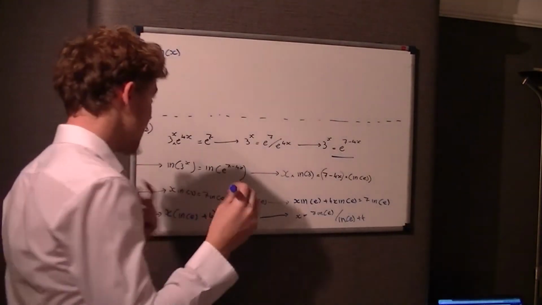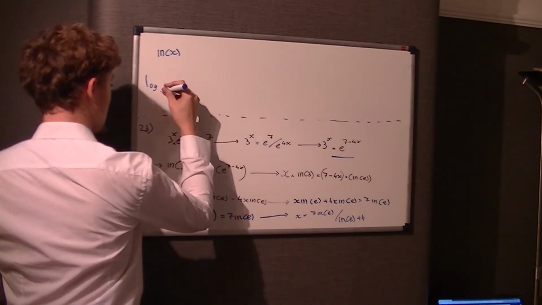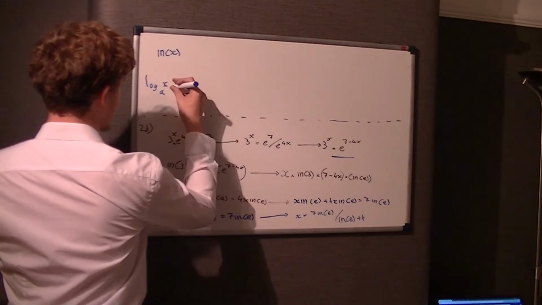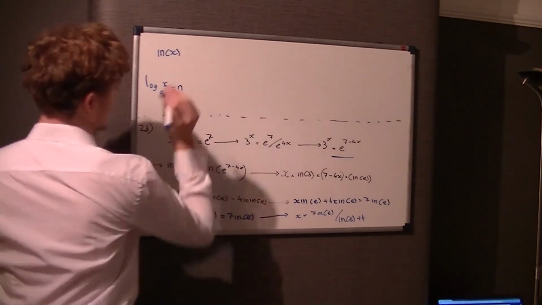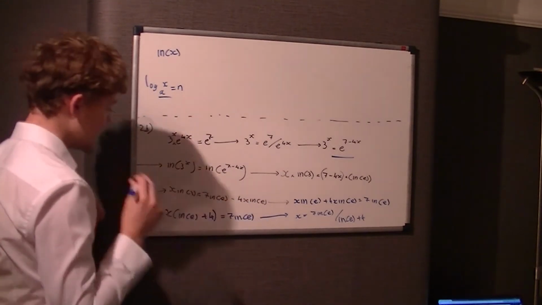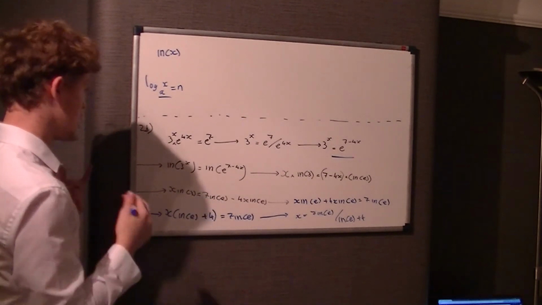Now, back in C2, we said log of x in base a was equal to n, or something like that. So therefore, the base was a. And as a is not an exponential, because we didn't know about exponentials back then, that was just a log.